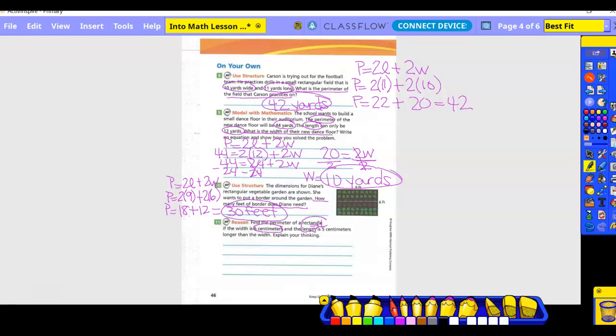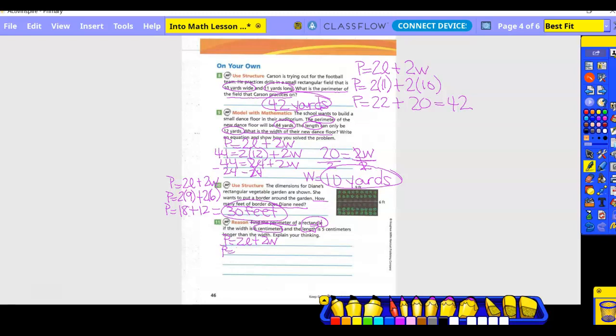When we go to plug into our formula, we're looking for the perimeter. So what is the formula? 2L plus 2W. Then I'm going to rewrite and plug in my numbers.